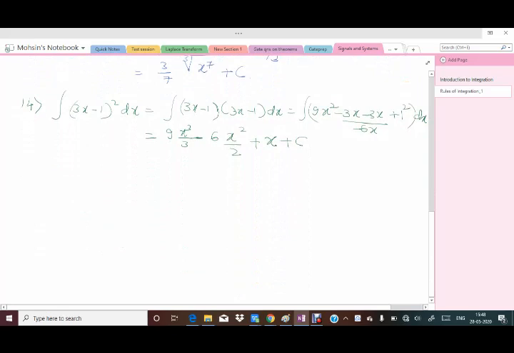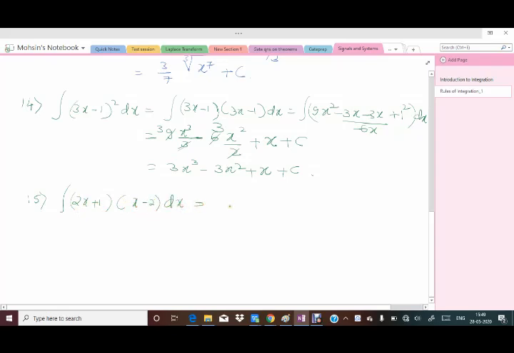Okay, so now this can be simplified a little bit: 9 divided by 3 is 3, and 6 divided by 2 is 3, so it is going to be 3x cube minus 3x square plus x plus c. Okay, so likewise we can simplify another type of expression also to obtain the integration. So now let us consider another term, say it is given as 2x plus 1 times x minus 2 dx.